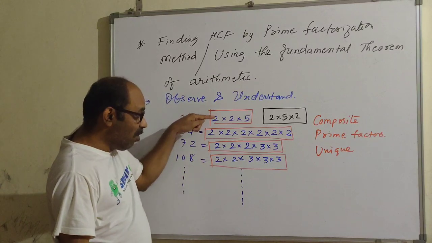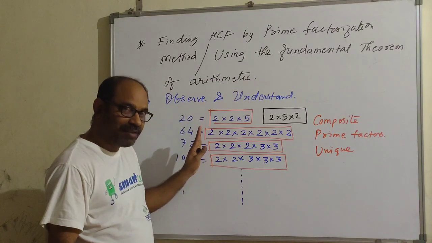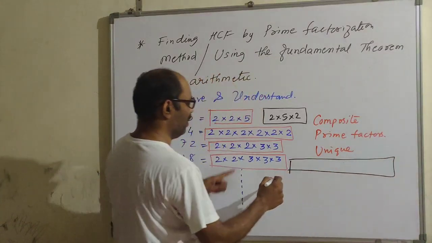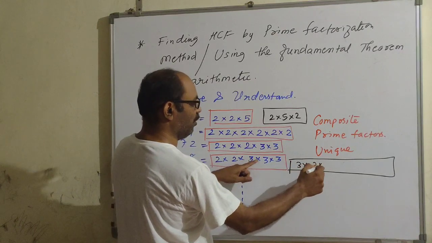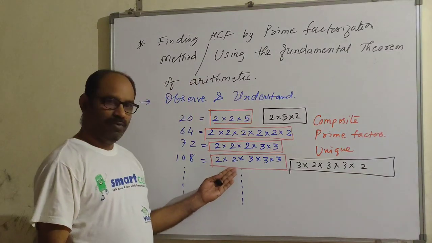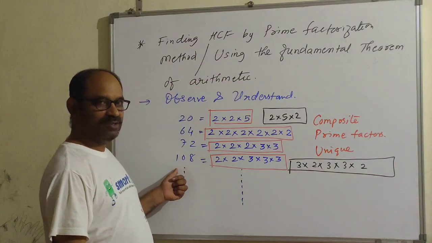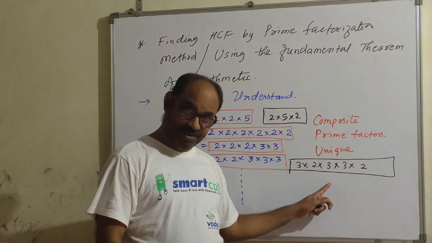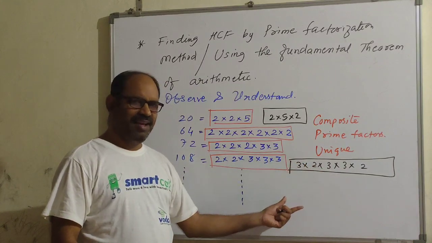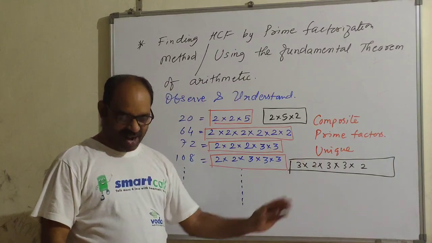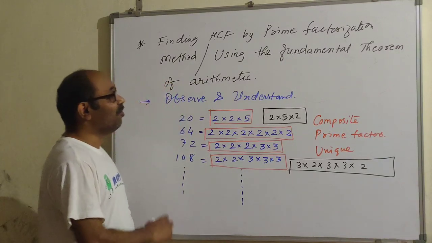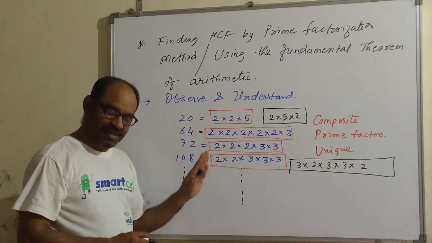Further, all the prime factors in the red box are unique. Can I express this in some other way? Somebody may write 3 into 2 into 3 into 3 into 2. What we have in the red box? Prime factors of 108. What we have in the black box? Prime factors of 108. Are they same or different? Same. Only the order in which the prime factors are written is different. Correct? Okay. So, what we observed, did you understand?